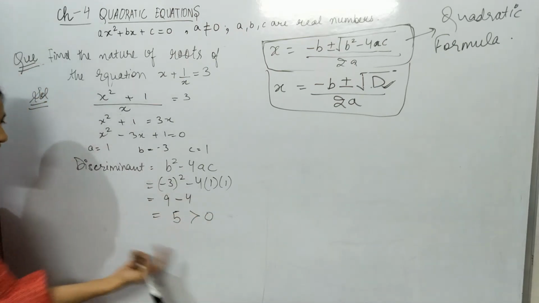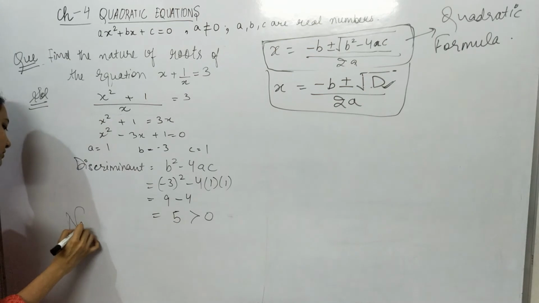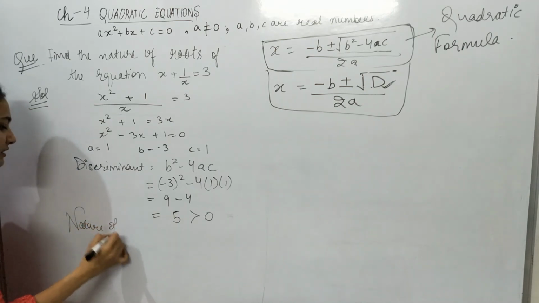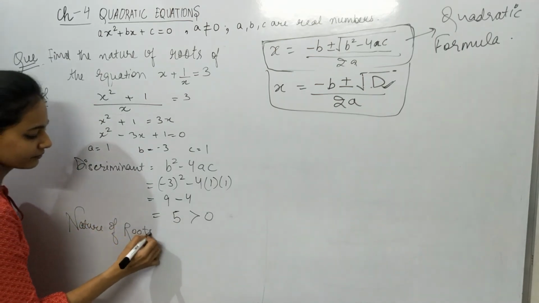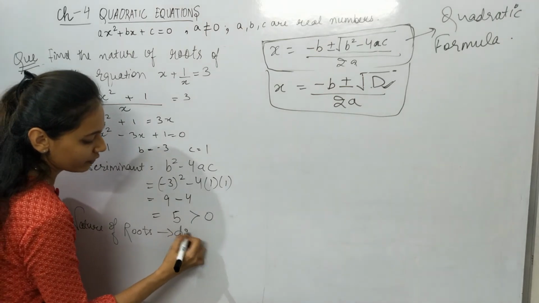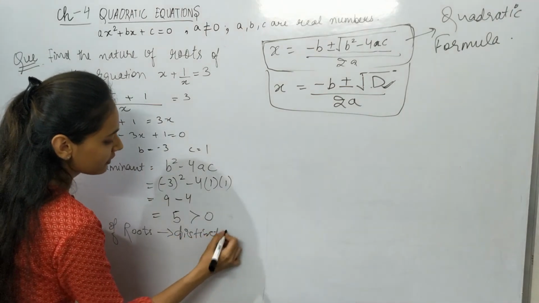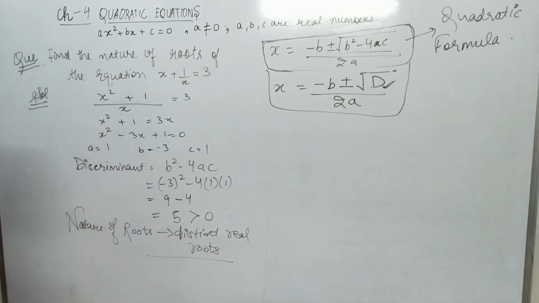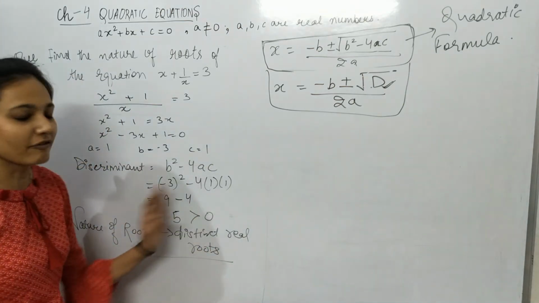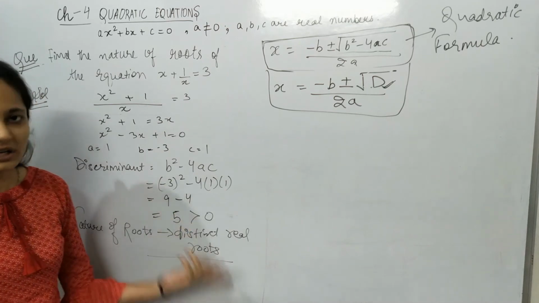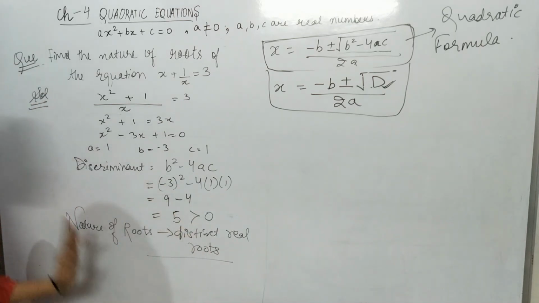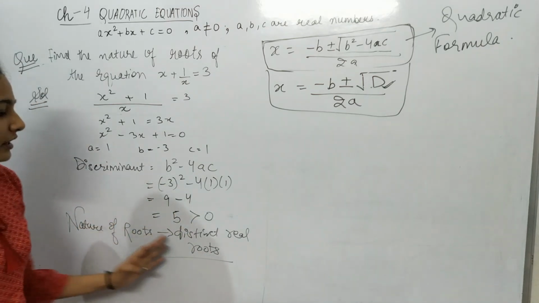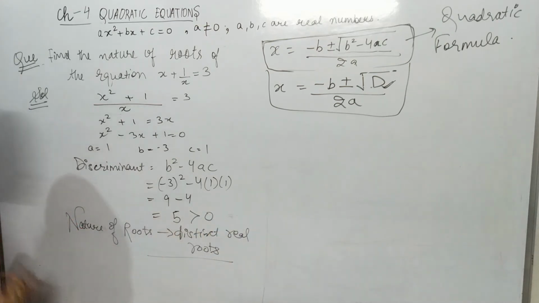This is a positive term. So nature of roots is distinct real roots. You have to find the discriminant, and simply see whether it is greater than 0, less than 0, or equal to 0. With this, you have covered the 3 cases, and from that you can deduce that it is the distinct real roots case. Okay.